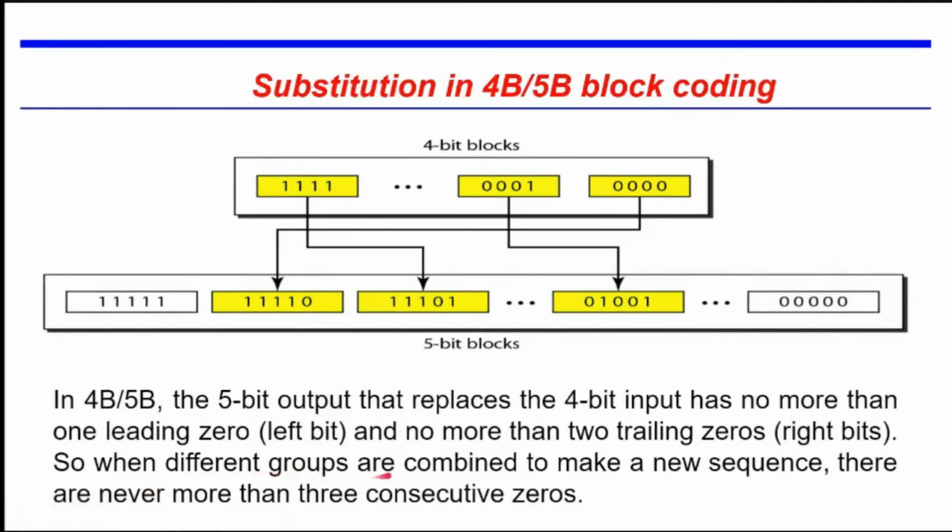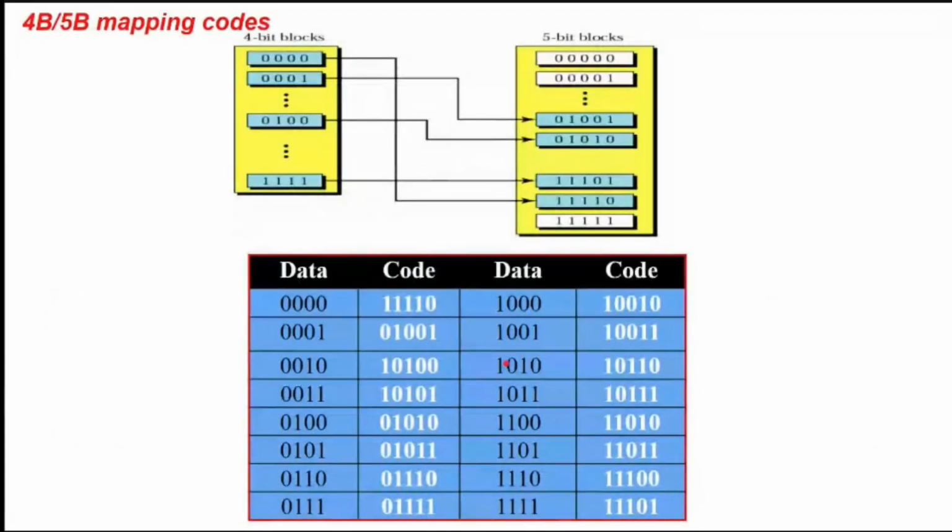So when different groups are combined to make the new sequence, there are never more than 3 consecutive zeros. When I convert the original 4-bit blocks to 5-bit blocks, it should not have 3 consecutive zeros. So this is the idea for converting the 4-bit block to a 5-bit block by block code encoding.